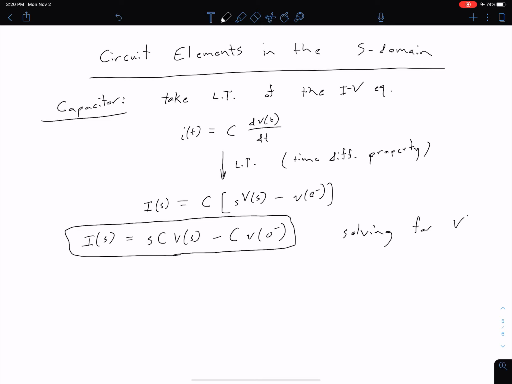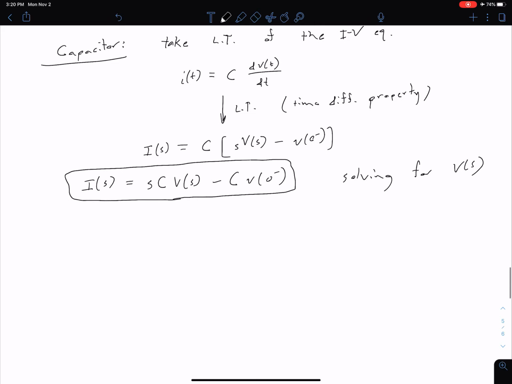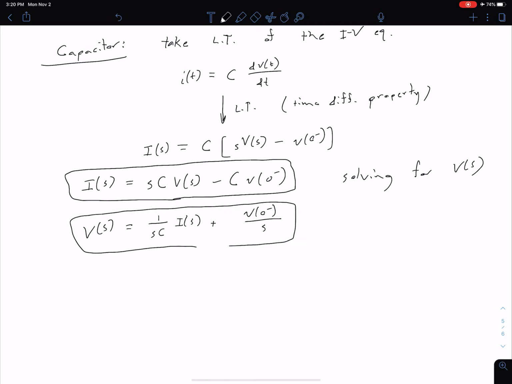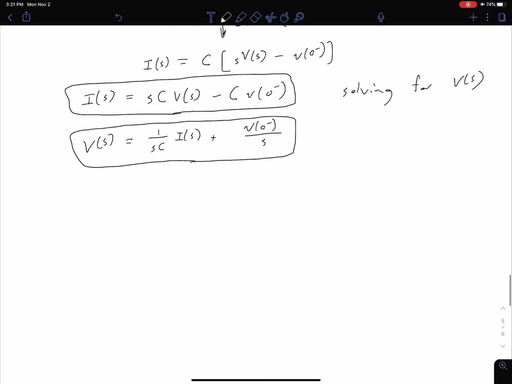If we take this equation and solve for V(s), we'll get another form, which is V(s) is equal to 1 over sC times I(s) plus lowercase v(0-) divided by s. So similar to what we saw with the inductor, we're going to have two forms, and what we'll see in a minute is that's going to translate to two circuits which we can choose from depending on our particular circuit and what we're trying to find.